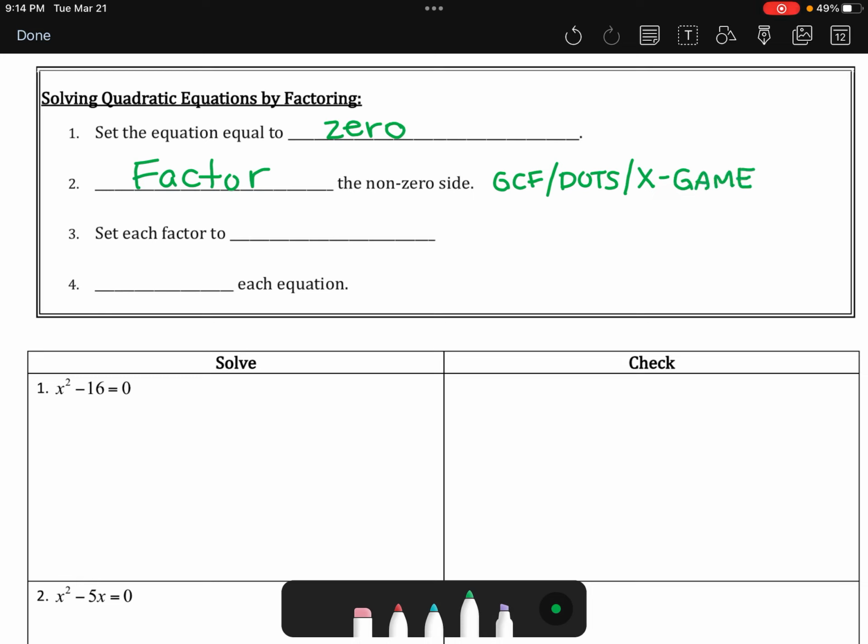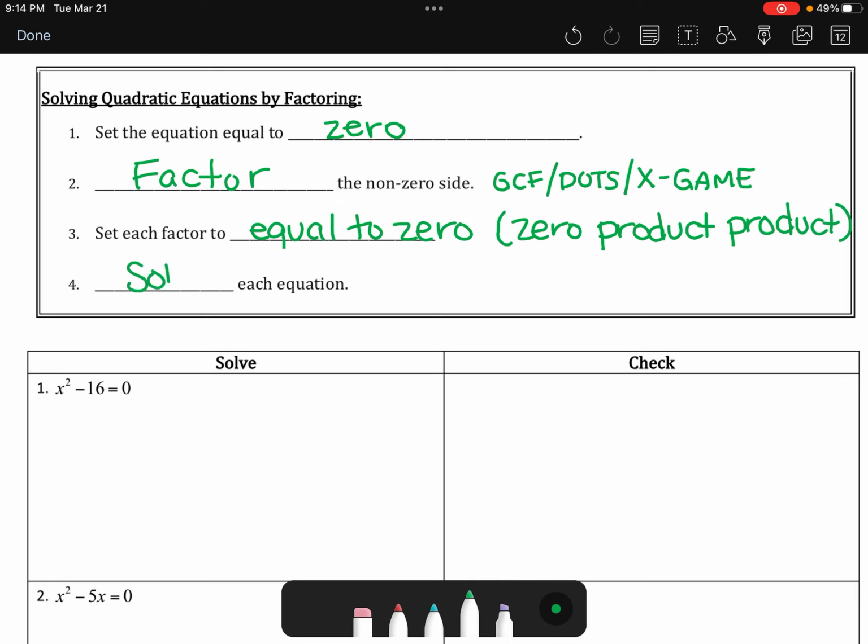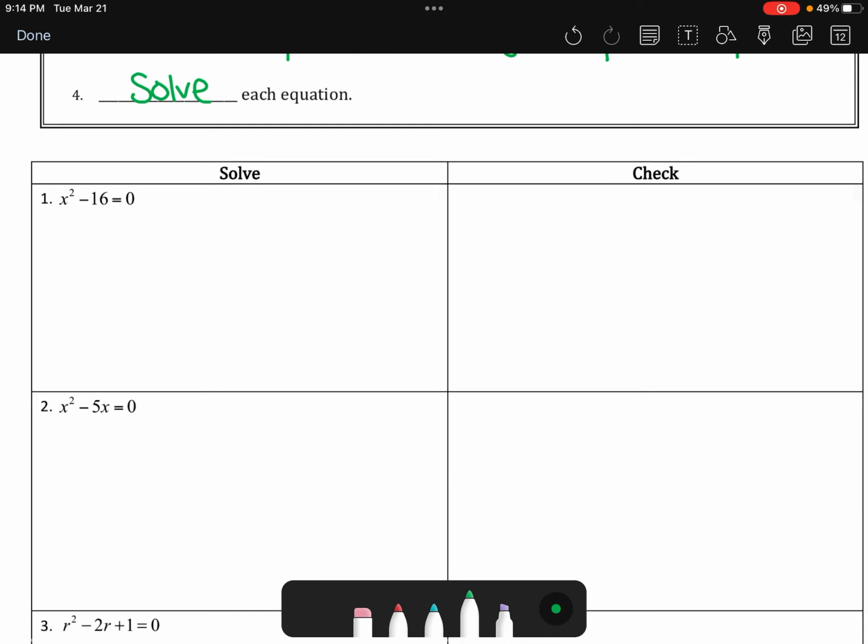Then we're going to set each factor equal to 0. That's that zero product property I was talking to you about on the previous page. We're going to apply that, and then we're going to solve each equation, and we're going to get our roots, our x-intercepts, excuse me, our zeros.